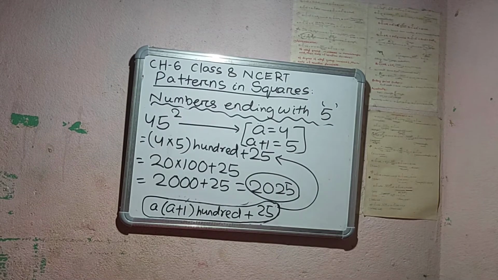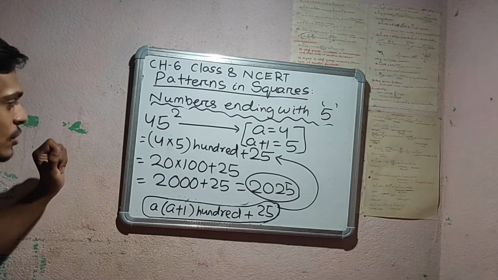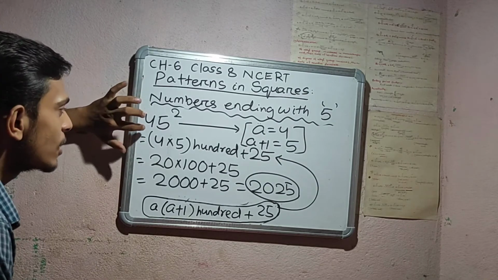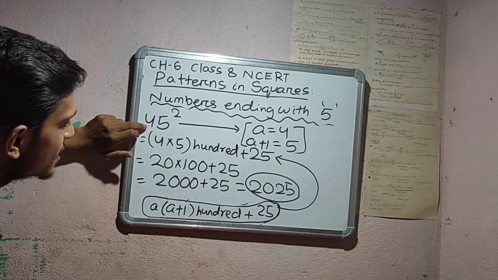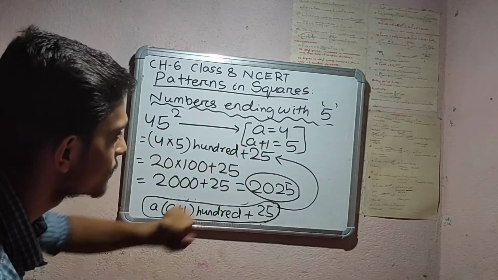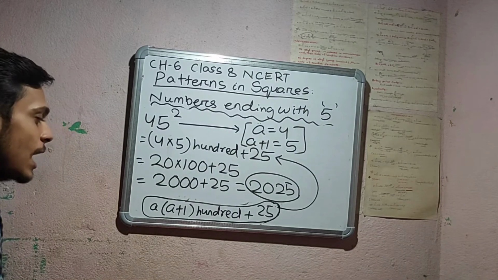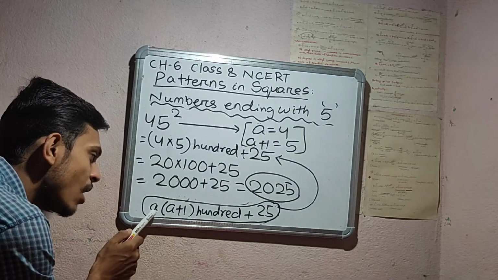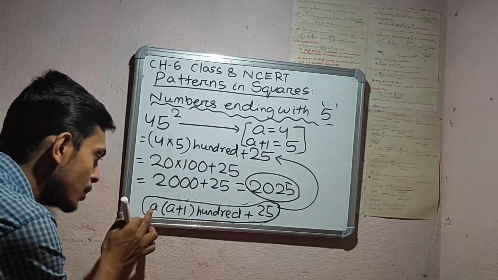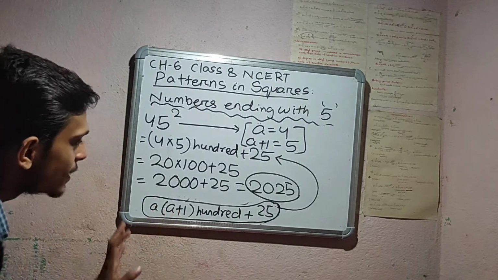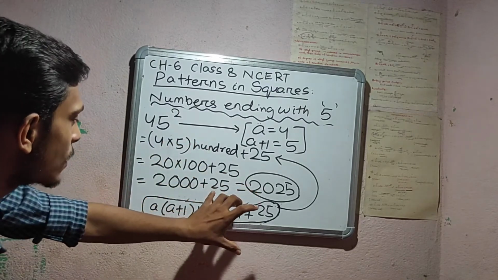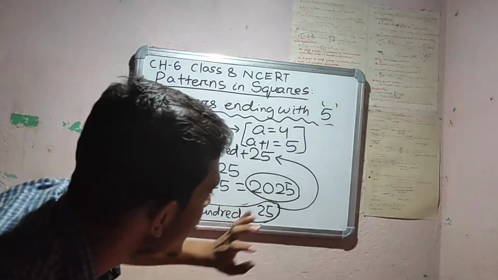So consider the number 45. This is a number ending with digit 5. So we have to find the square of 45. For 45, what is the value of A? The left-hand side is the value of A. So A is 4. Yes or no? Then according to the formula, we have to find A and A plus 1, then multiply and calculate to find the final answer.